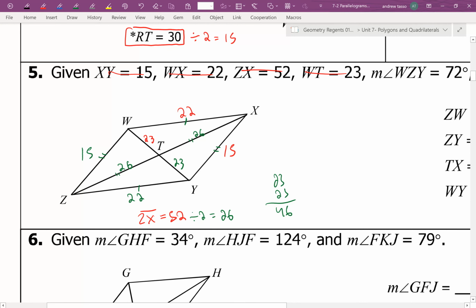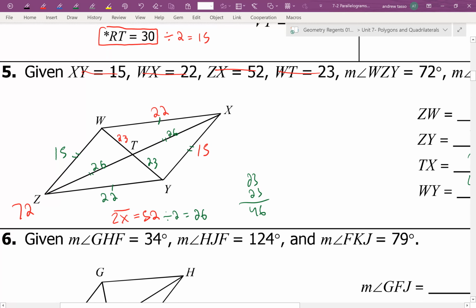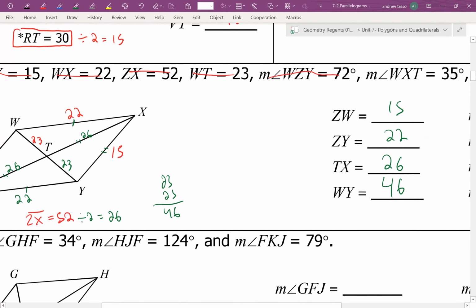Okay, so let's go back to red for the ones that are given. So WZY is 72. I like to write that number outside since it's the total angle and not each half. Or not, I shouldn't say half, but because they're not cut in half. That's not a property.